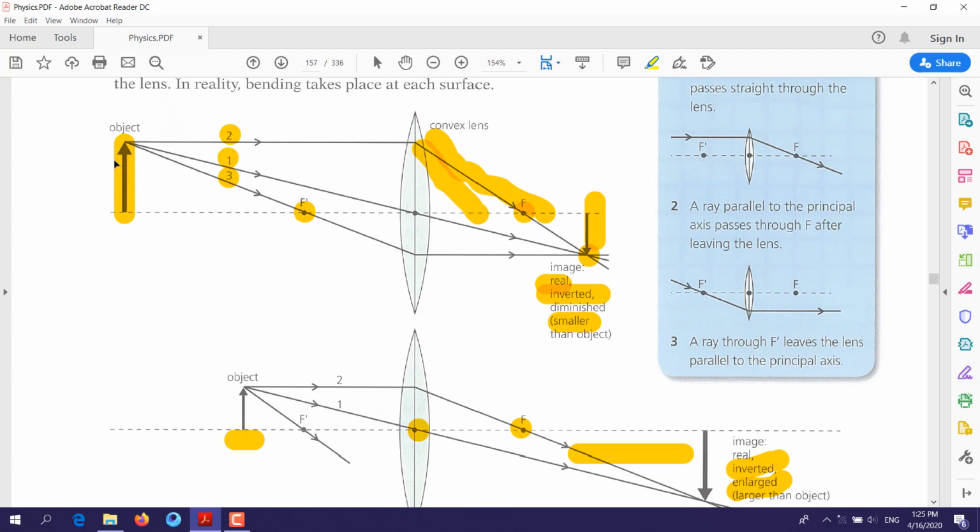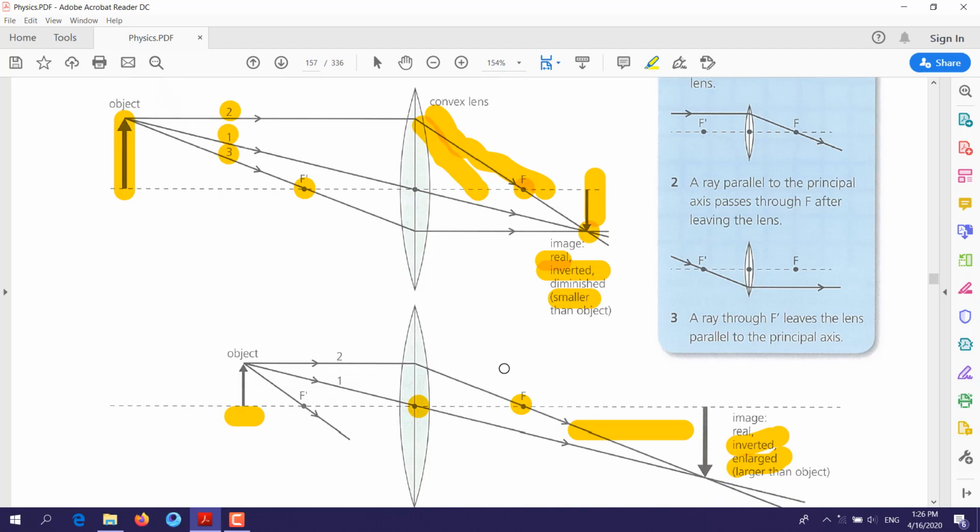In the first example, the object was farther from the lens. But when the object is closer to the lens, what will happen to the image of it? What do you think? You should know now. You should know the answer. Look at these two. You should find the answer.